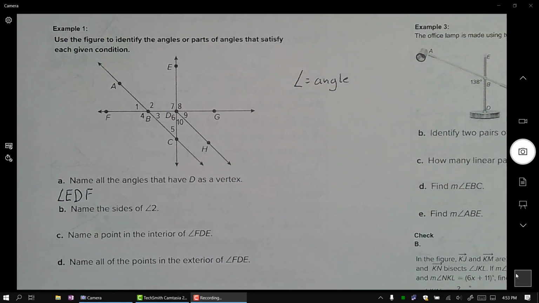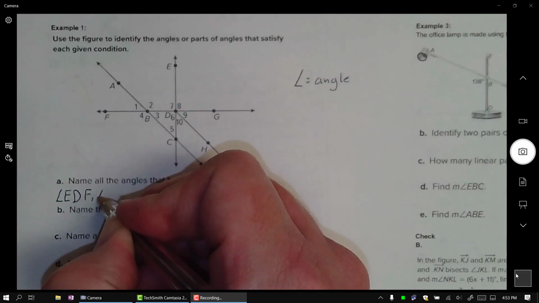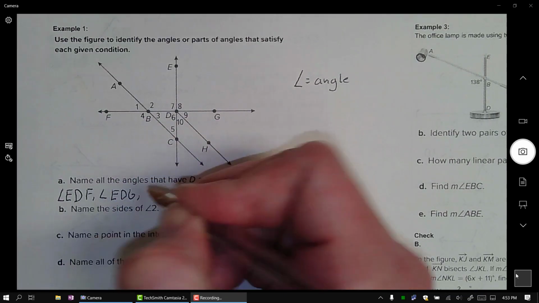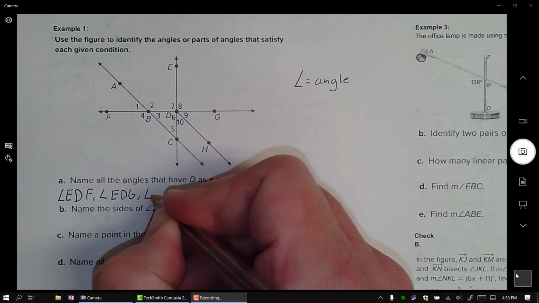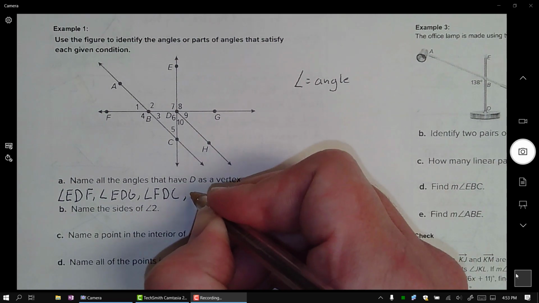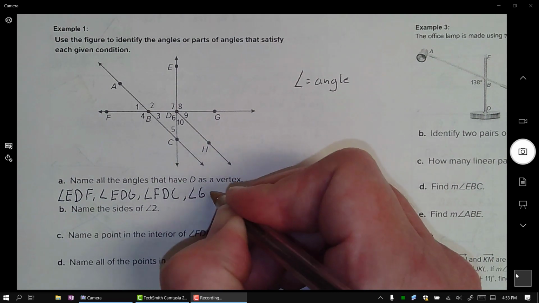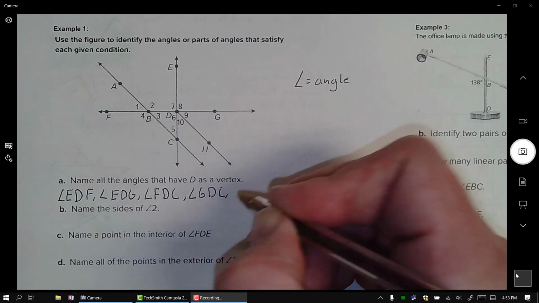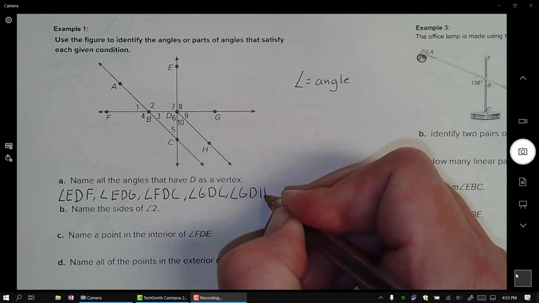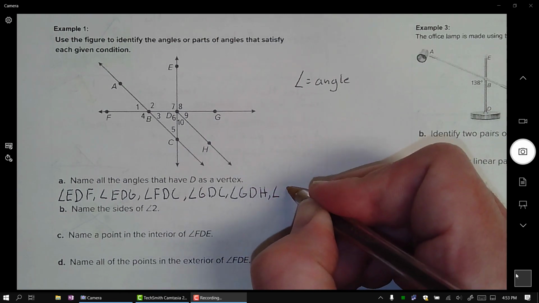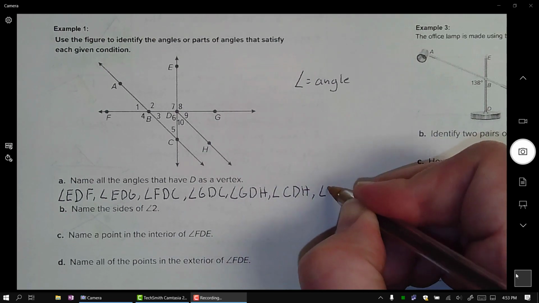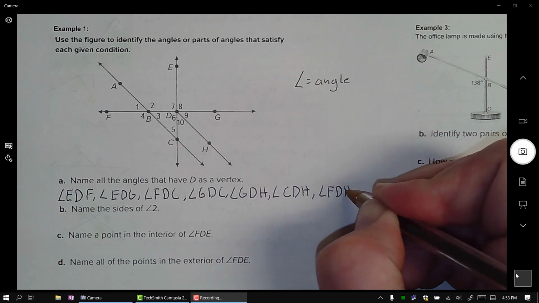It's kind of like a slanted L. We also have angle EDG. Then we have angle FDC. Angle GDC. Angle GDH. Angle CDH. And lastly, angle FDH.